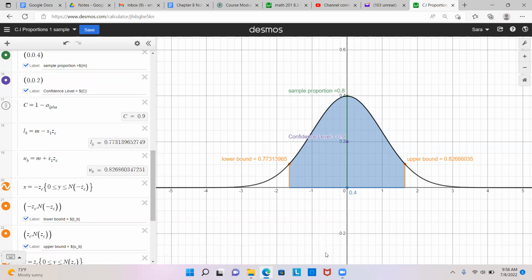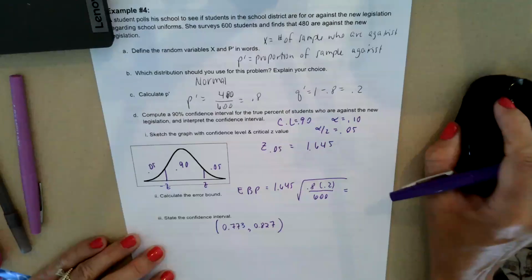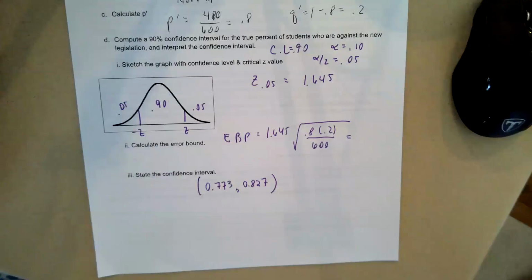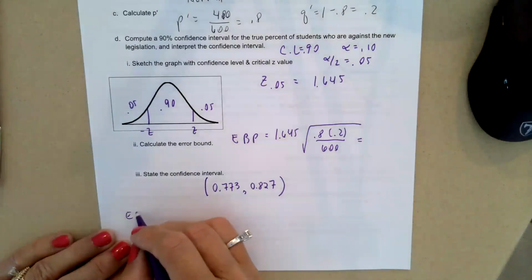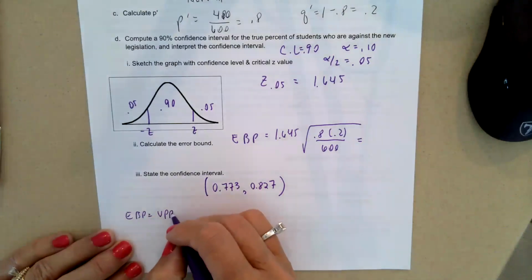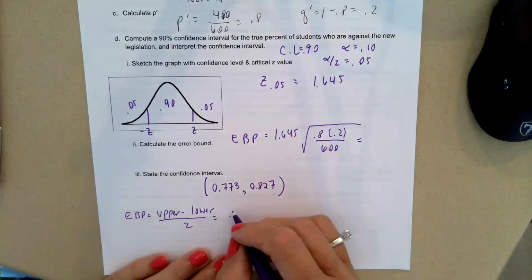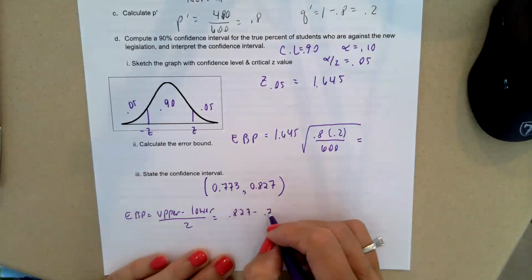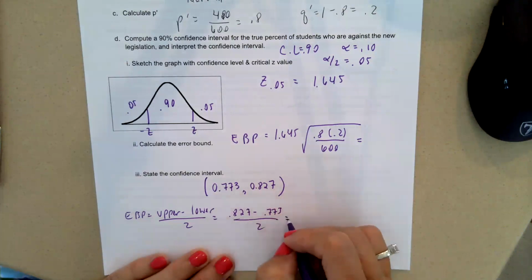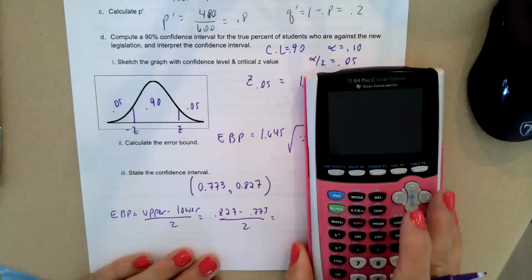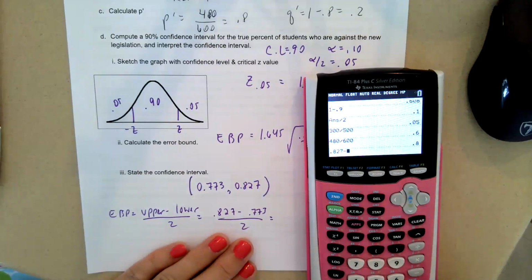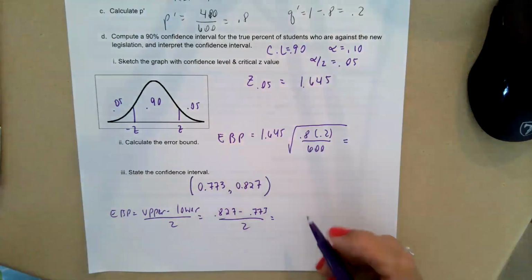Okay, so before we go to how we worked it out in the other Desmos tab, I want to remind ourselves that we can find our error bound margin from our interval. So our error bound margin will be our upper minus the lower divided by 2. So 0.827 minus 0.773 divided by 2 is 0.027.